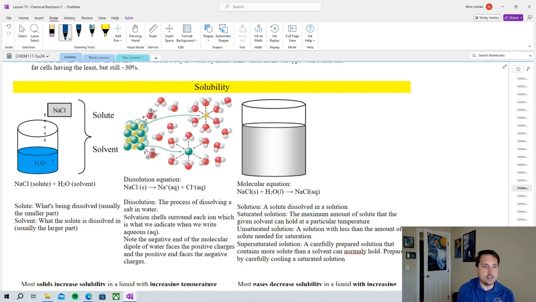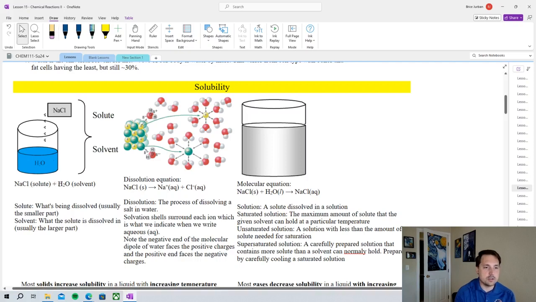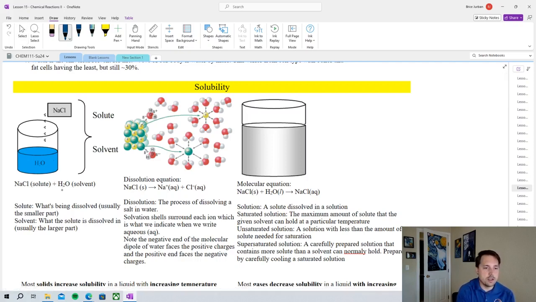So here's the solute, the NaCl, and the solvent, which is water, and will almost always be water in chemistry, unless there are some other solvents we could think about as well. Collectively, they're known as the solution. So the solution is the combination of the two.